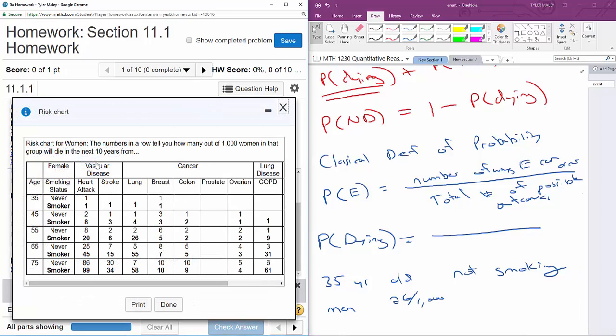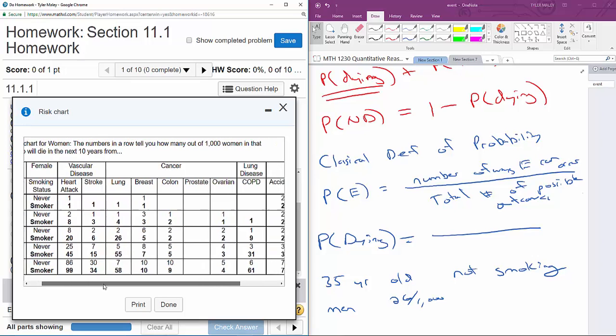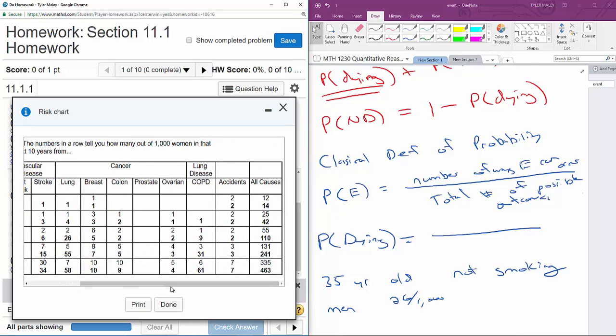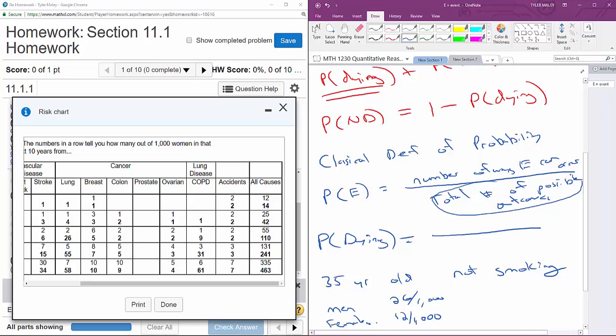If we look for women, never smoked, all causes altogether, it would be 12 out of 1,000. So this is for females. So the total number of possible outcomes would be 2,000. There's 2,000 people in this group, if you will. If I put 1,000 men and 1,000 women together, there'd be 2,000 people total.